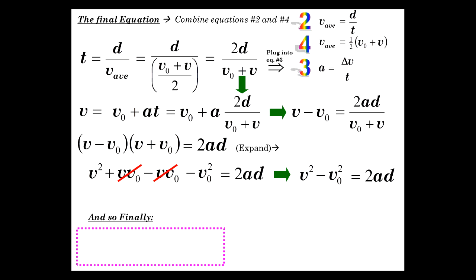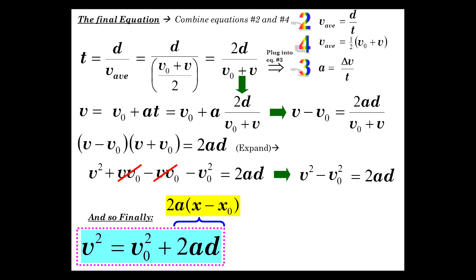So our final expression here is very useful and eliminates a very important physical quantity called time, if we don't know the time in a given problem, but know a lot of other stuff. There it is. v squared is equal to v0 squared plus 2ad.